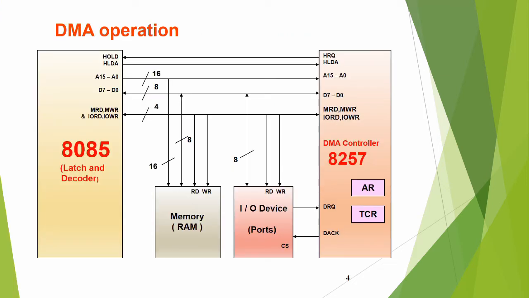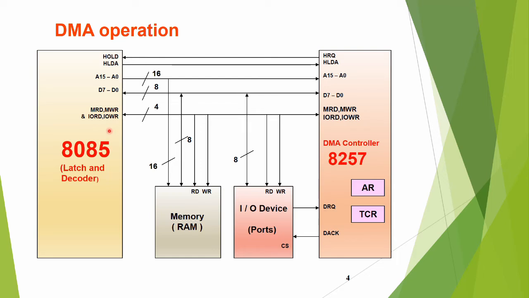Now, what are the connections that are required in the DMA operation? In DMA operation, we have two pins in the microprocessor. The names of the pins are HOLD and HLDA. Address lines A0 to A15 need to be connected. Data lines D0 to D7 need to be connected.